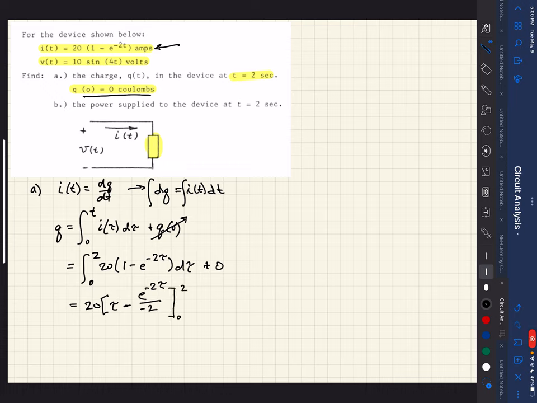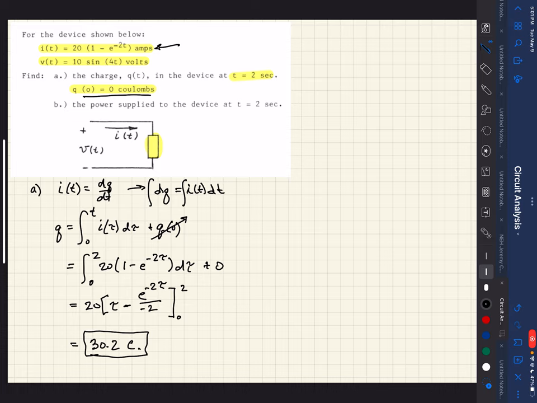So once we plug those numbers in the calculator, we should come up with 30.2 coulombs. So this is the answer to part A. So with that current definition from 0 to 2 seconds, the amount of charge that is delivered to the device, or in the device, is 30.2 coulombs.